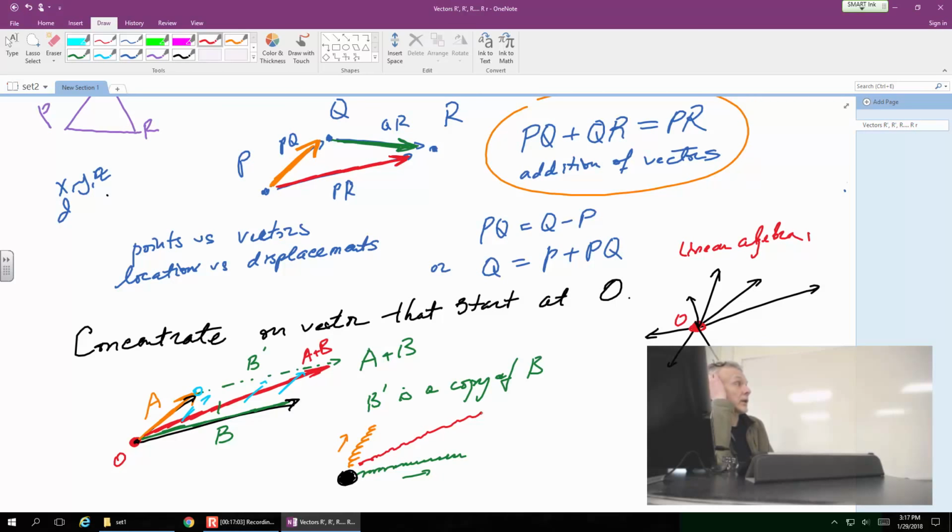Another way to see it, if you don't like forces, think velocities. Imagine that this is not an object attached to springs, but rather a boat, and I'm trying to cross a river.